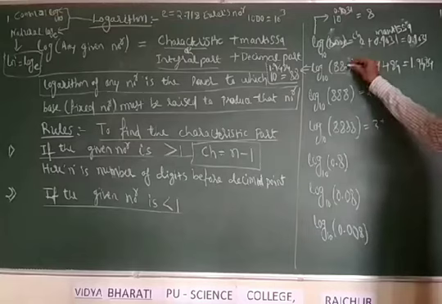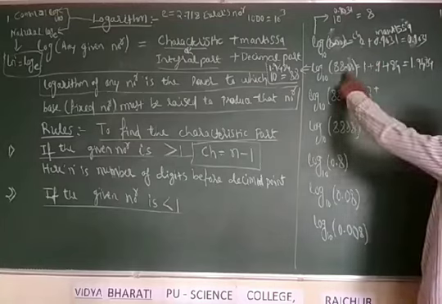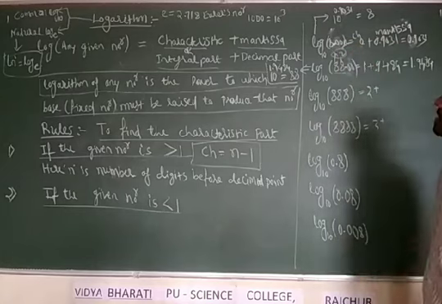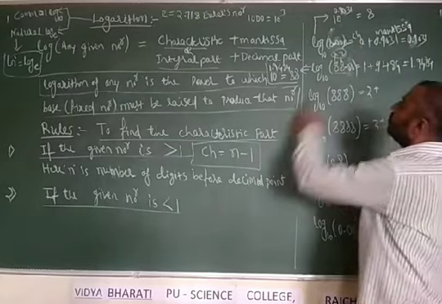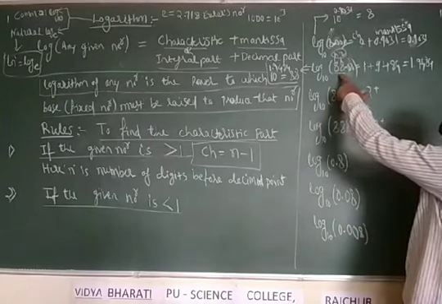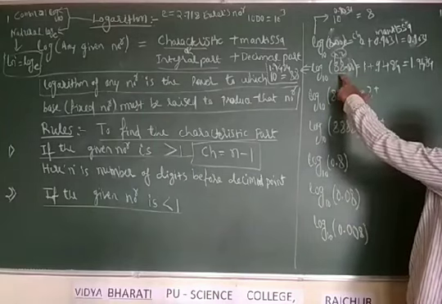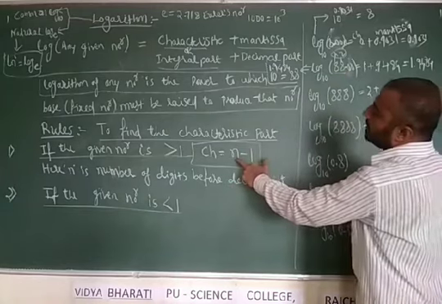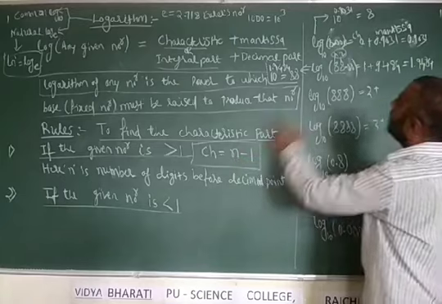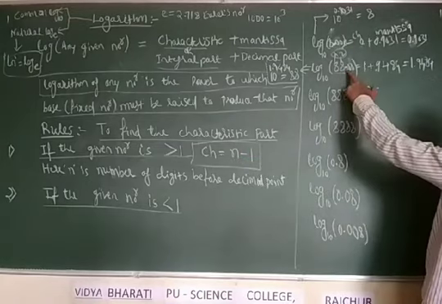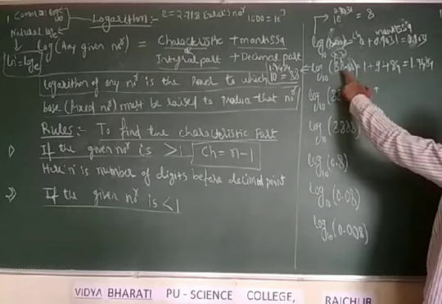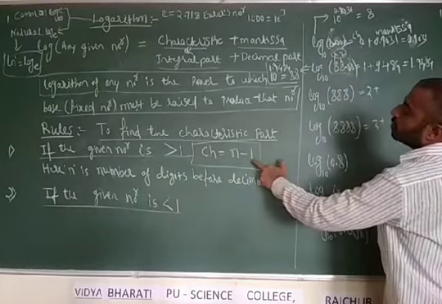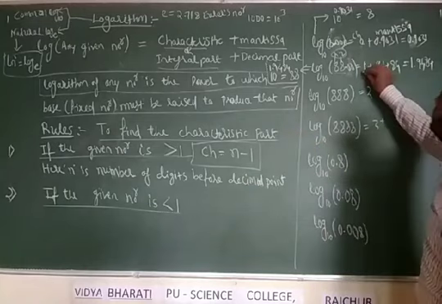Before the decimal point, how many digits are there? 2 digits, one 8, another 8. Then here n is 2 for this example. Apply this formula: n is the number of digits before the decimal point. Then if n is equal to 2, 2 minus 1 is 1. Its characteristic is 1.